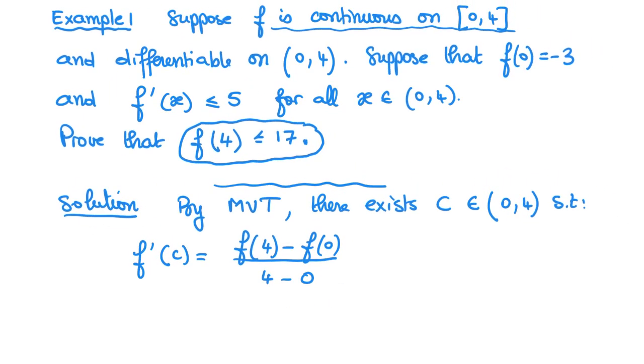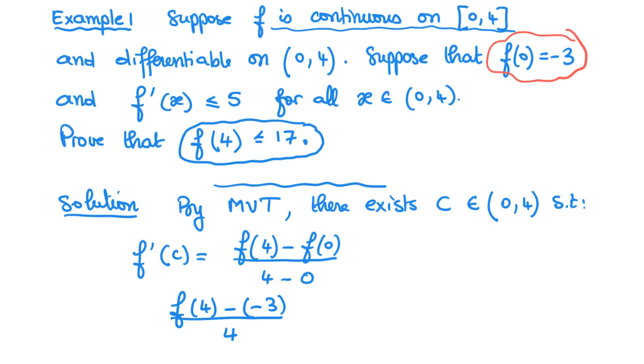So this will give us f of 4 minus f of 0, of course, f of 0 is minus 3, given there. So it's f of 4 minus (minus 3) over 4.